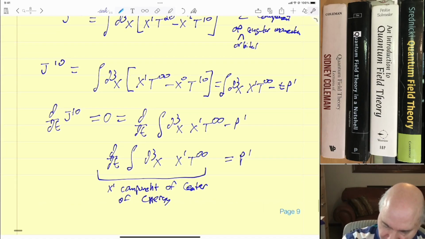T^00 is the energy density, so we're sort of taking the mass times x. And then what we're saying is that the rate of change of the center of mass, or the center of energy, how it's moving, is constant. It's just the x component of momentum.